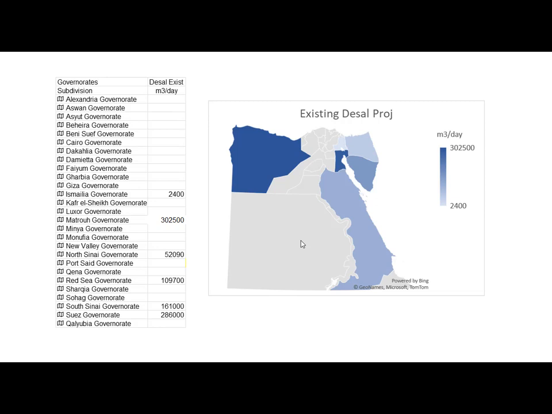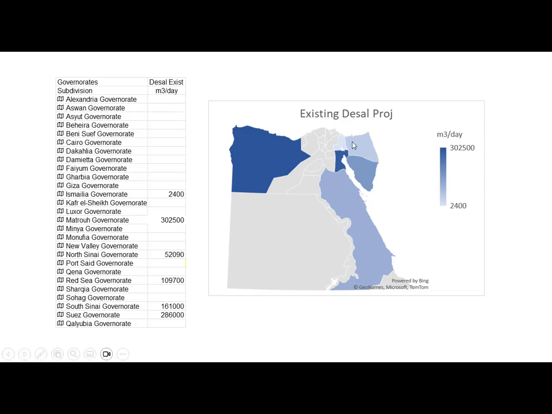One interesting thing about Excel, it can recognize governorates in Egypt. If you use this special table, and this table shows the existing desalination projects Egypt is embarking on, a very promising plan to increase the amount of desalinated water, you can notice that these desalination plans occur only on coastal governorates.